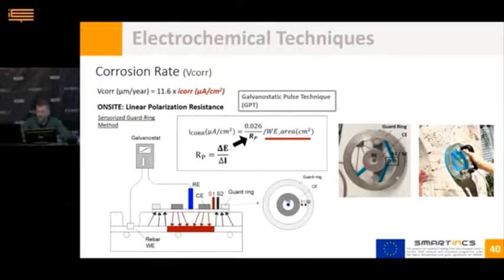For that, a ring known as a guard ring is incorporated to the sensor around the counter electrode, through which a current opposite to that applied by the counter electrode is applied. This way, the signal is confined to a controlled and known reinforcement area, which allows the calculation of corrosion density.